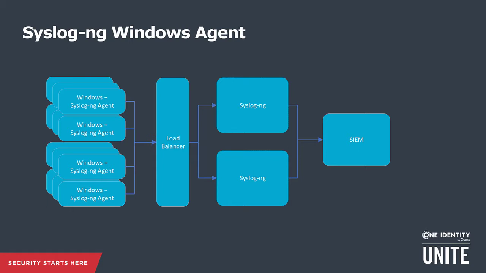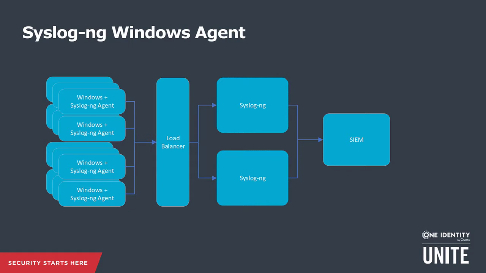So this slide here, what you're looking at is a basic diagram on how you would use the agent to collect logs from a Windows environment. On the left, you have your various data centers and offices where the agent has been deployed, and they're all streaming logs to Syslog-ng Premium Edition. Here we're using a load balancer in the middle there, so we can have multiple Syslog-ng nodes for redundancy.